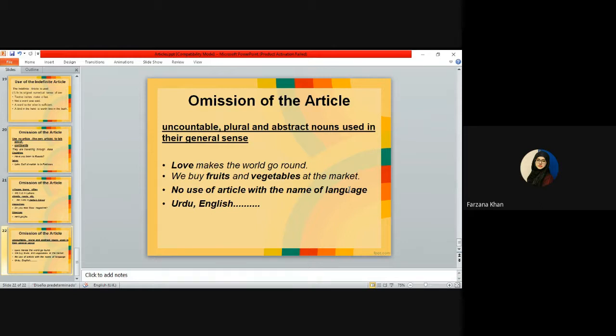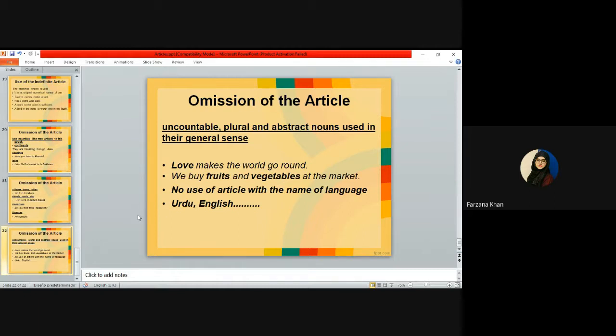It means you are talking about a particular language which is already referred to. It can be the Urdu language, the Chinese, English, any language. So it can be a language and the language, but with the names of languages, there is a need to omit the article, right? There will be no article, zero article.